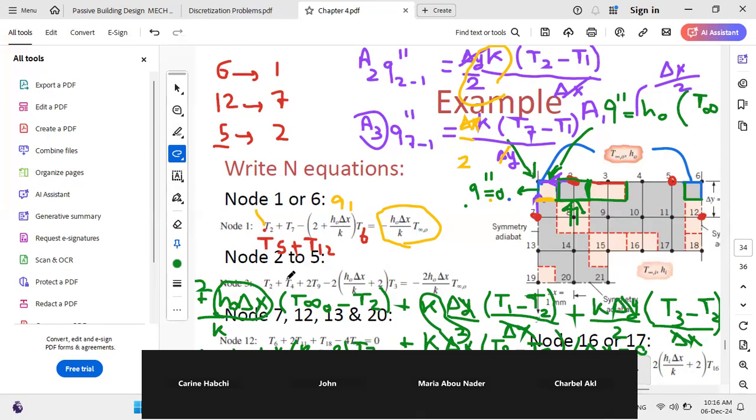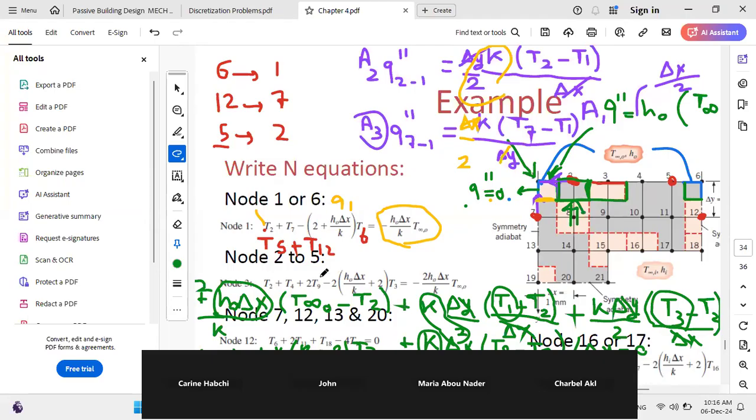While for nodes 1 and 3, the coefficient is just 1. So I have plus T1 plus T3. While for node 8, it's plus 2 T8, because here I just have K, not K over 2. So when I divide by K over 2, I get 2. So I will rewrite the equation here.